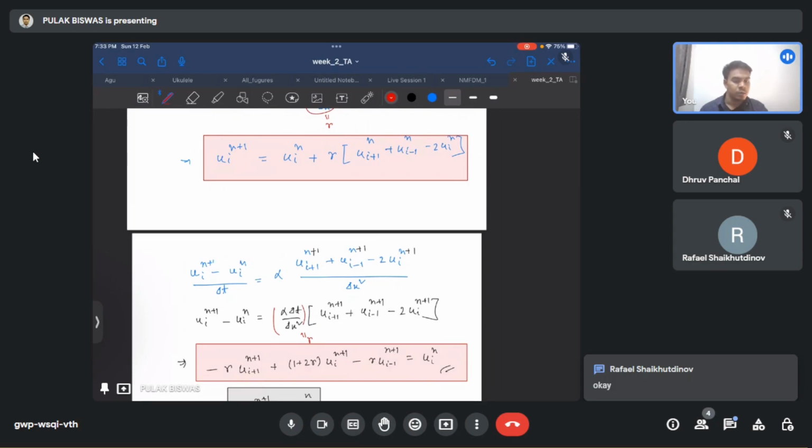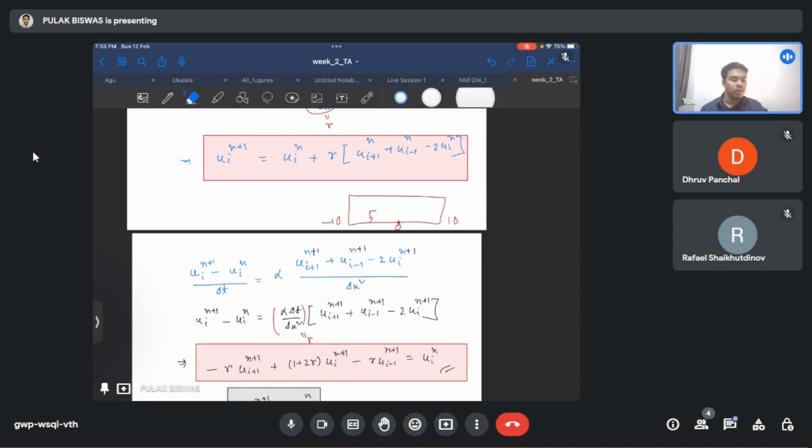But for explicit, there is some criteria. Suppose you choose a very sparse grid, delta x may be 5 minus 10, 5 0 plus 10, then the scheme may not be stable depending on the criteria.